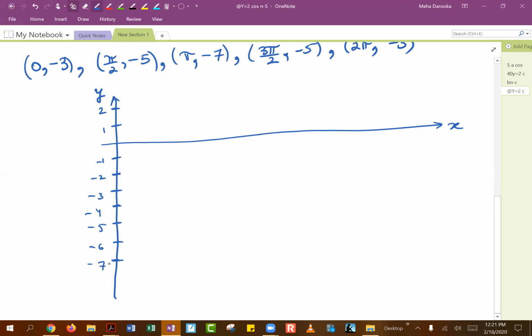And then we are doing this in increments from 0 to pi halves, pi, 3 pi halves, and 2 pi. And then, of course, you can increase that for more periods.